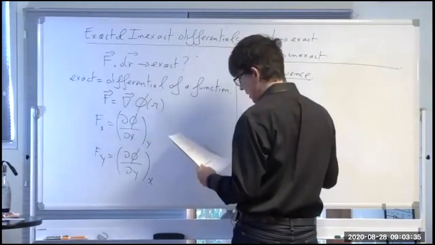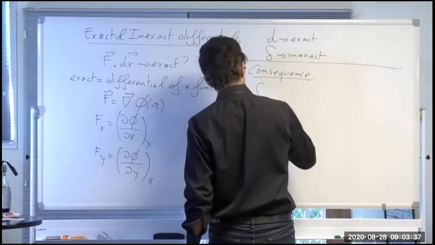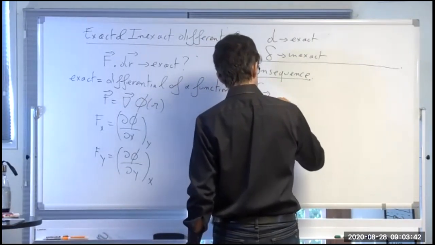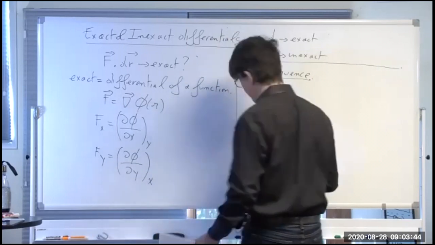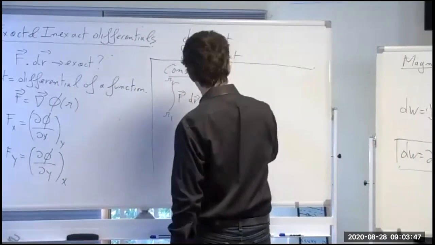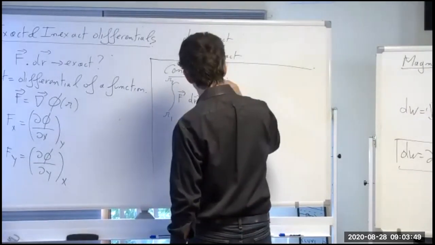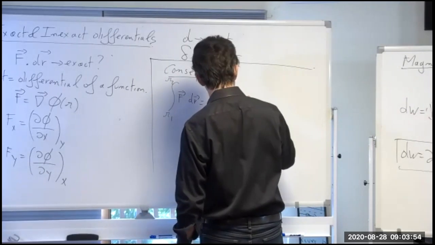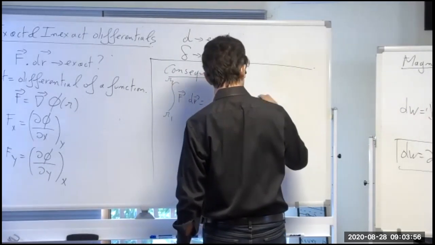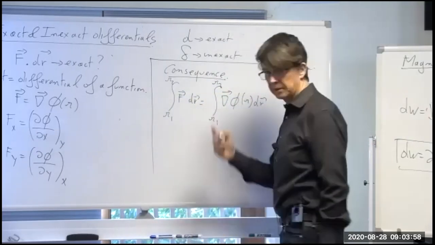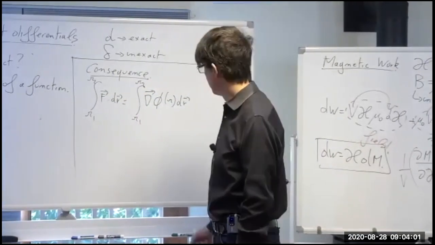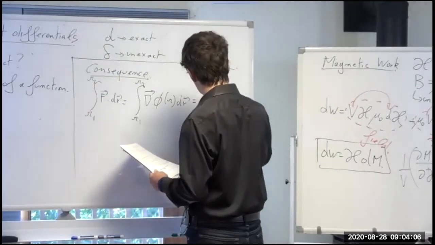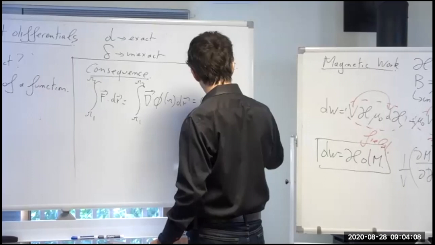So the consequence of being an exact differential is that if you integrate an exact differential between 2 points, I integrate F dr between 2 points, well, that is the integral of the gradient of the function, right? Because that's my statement. If it's an exact differential, F has to be a gradient of something. So that is phi(r2) minus phi(r1), right?